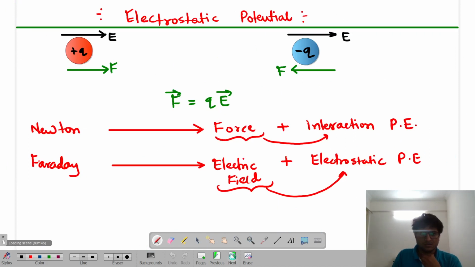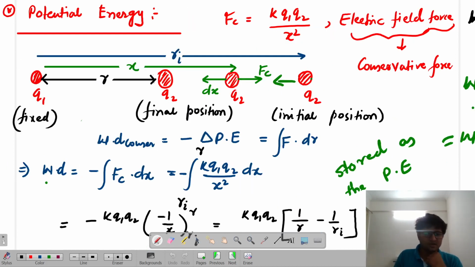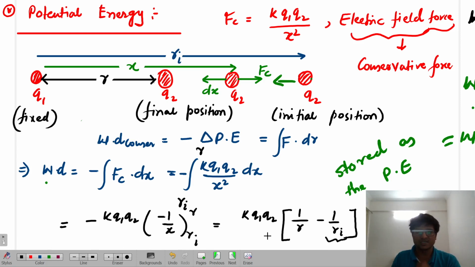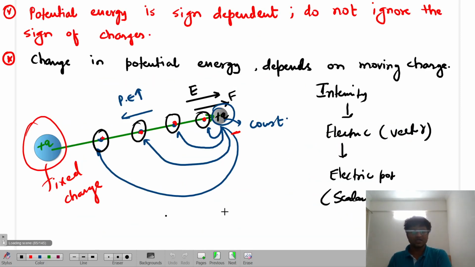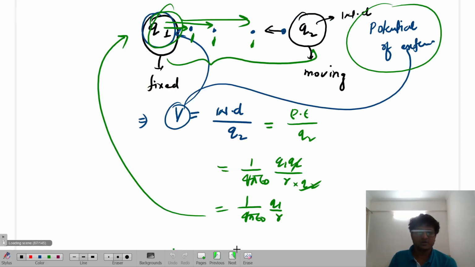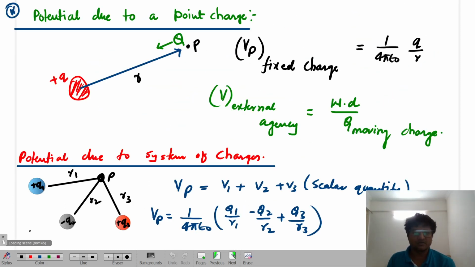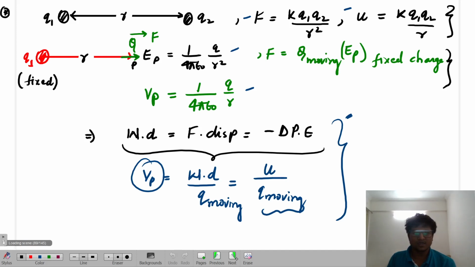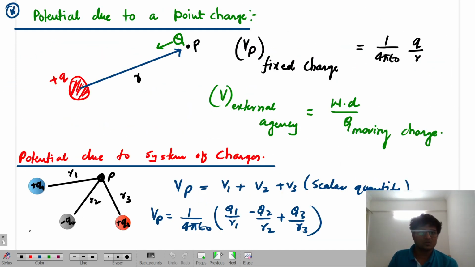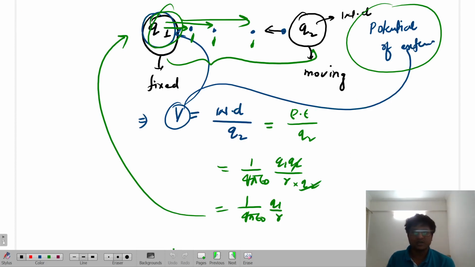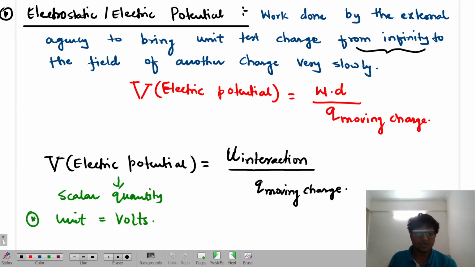When we are doing this kind of calculation, we need to define our r initial for it. For any kind of case, work energy or potential energy or potential, whatever we wanted to define, we need to define our initial point. Are you able to get me or not? So without defining the initial point, we will not be able to get the potential.